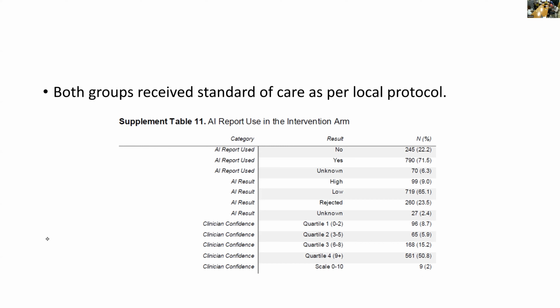I think it's more realistic to have some people not use the report, and some we don't know. So only about 70% of the 1,600 people, so 1,160 people in the intervention arm, we know actually used this AI-generated report in their decision making.